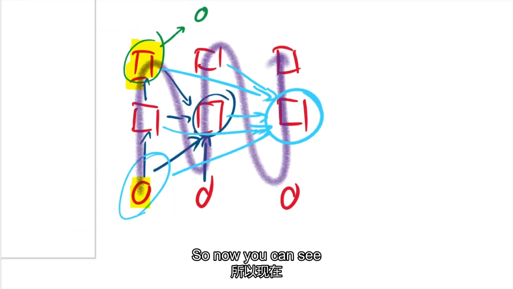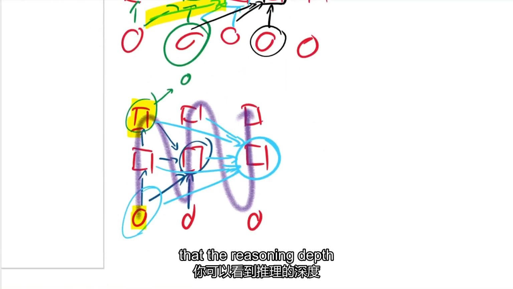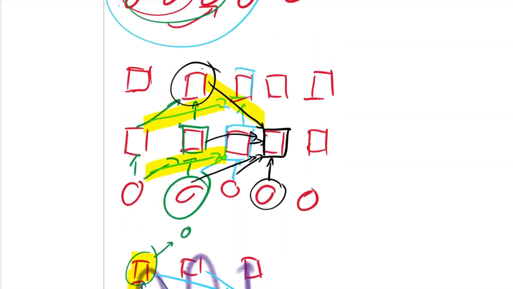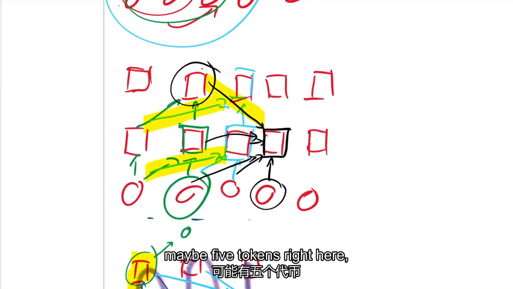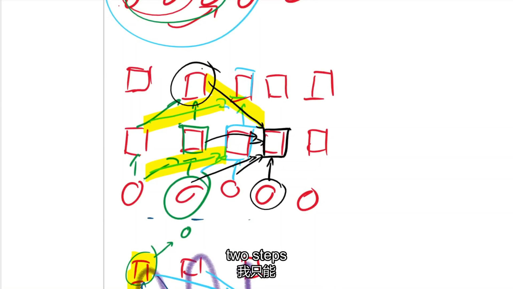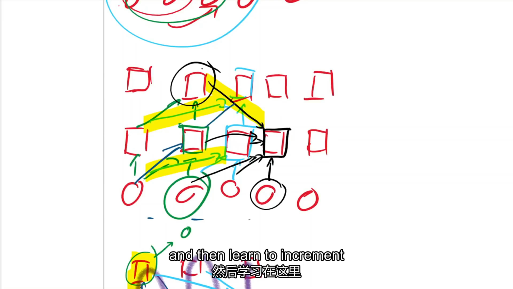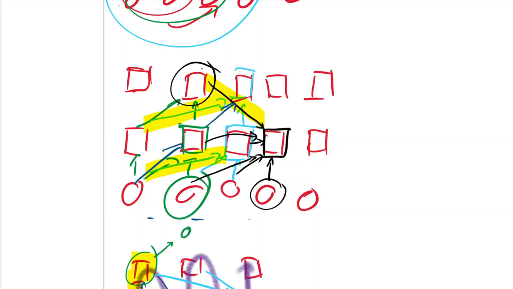So now you can see that the reasoning depth is sort of unbounded, because here, even though I have maybe 5 tokens, I can only do 2 steps of reasoning across it. One step of reasoning is 1 layer. So I can learn to save a variable here and then learn to increment it right here. But I can't do more.